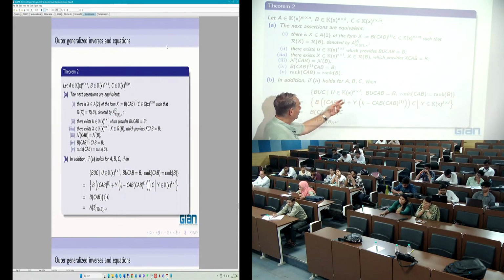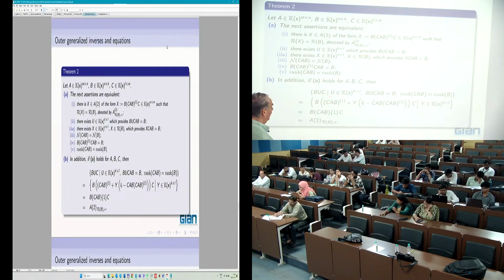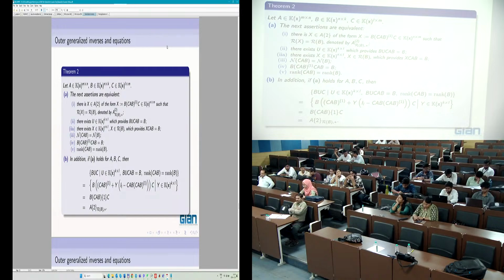It can be obtained as a solution, and the result is equal to BUC. To define outer inverses with prescribed range, B is related with BAB. Here in all cases we will work with CAB, and the matrix equation depends on rank equalities. If rank of CAB equals B, then the solution U is multiple.